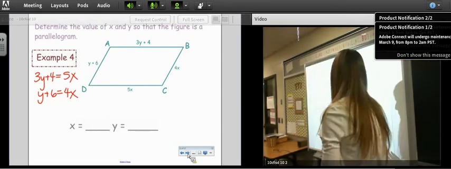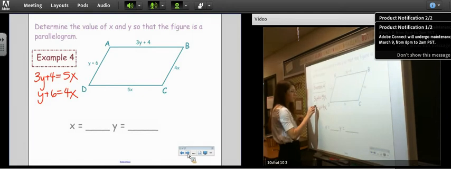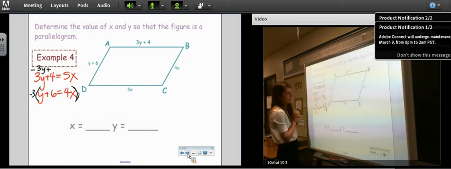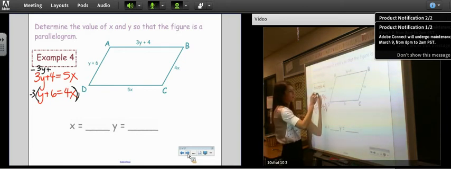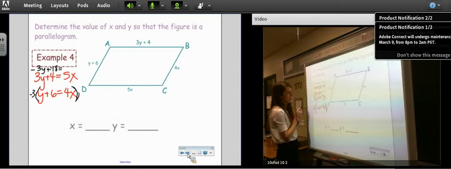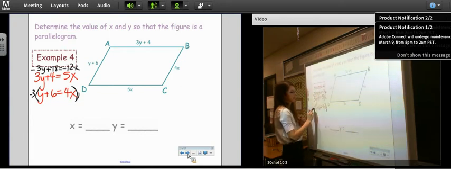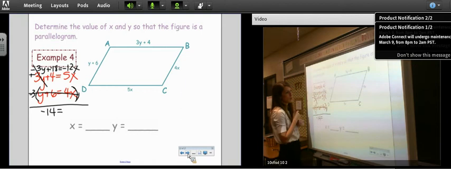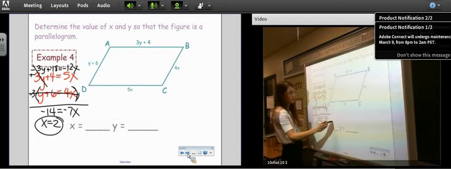We need to multiply this guy by -3. So we'll have -3y minus 18 equals -12x. And then we just add them together. -3 plus 3 is 0. -14 equals -7x. Ooh, we're lucky. Those are divisible. x is a beautiful 2.